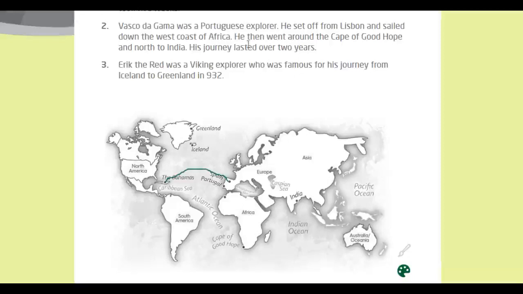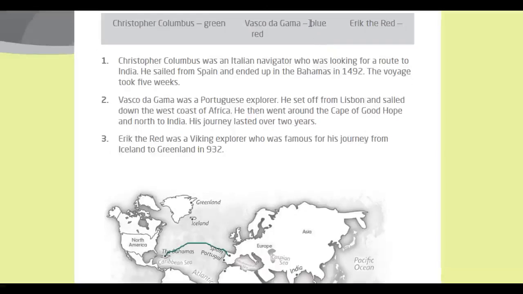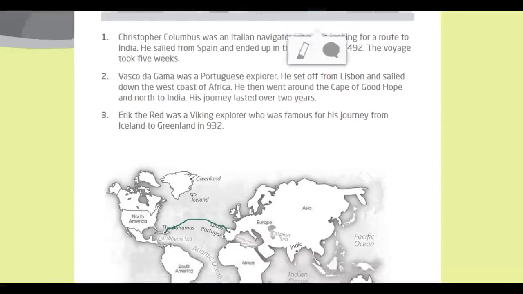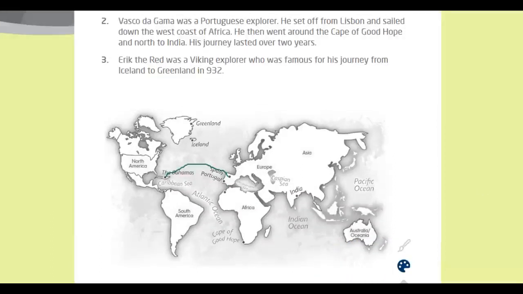His journey lasted over 2 years. What's the color of Vasco da Gama? Blue. So let's put the blue color, from Portugal to the west coast of Africa, the Cape of Good Hope, and north to India.